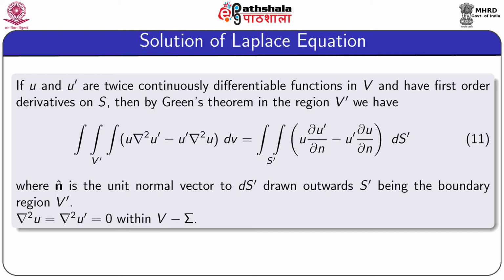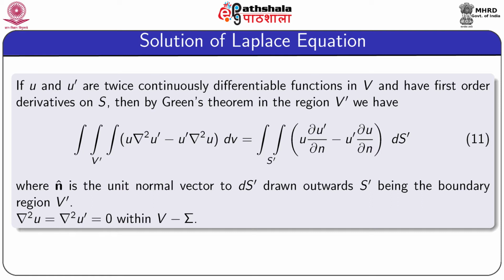Now del square u is equal to del square u dash is equal to 0 within V minus Sigma. Therefore, the left hand side of equation 11 becomes 0. Now if we see the right hand side of equation 11, this S dash is nothing but the union of surface S and small sigma.